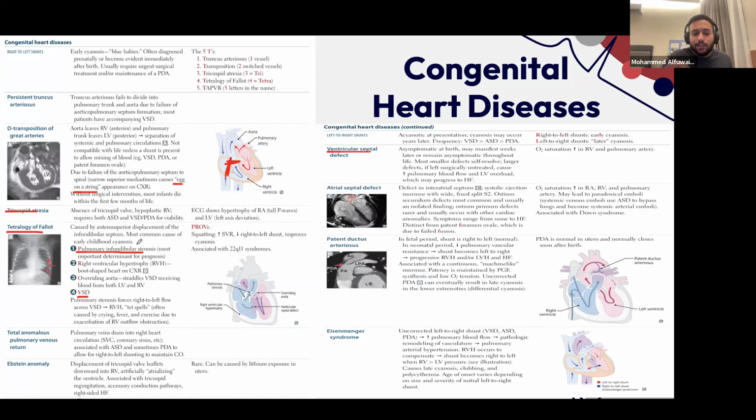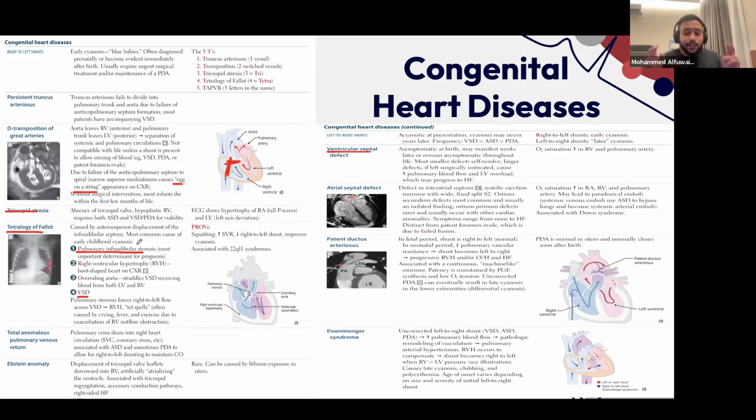There's one critical sign of tetralogy of Fallot, which is something called TET spells. If the baby, for example, starts crying, has fever, sneezes, coughs, this causes them to turn cyanotic, okay, in episodes of stress.